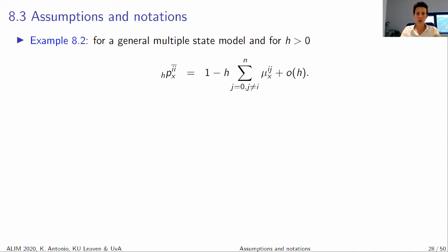So what if we think about an expression for these sojourn probabilities? Again, we're looking here at the probability that given that you start in state i at age x at time 0, what is the probability that you will still be in state i at age x plus h without ever leaving this state i?